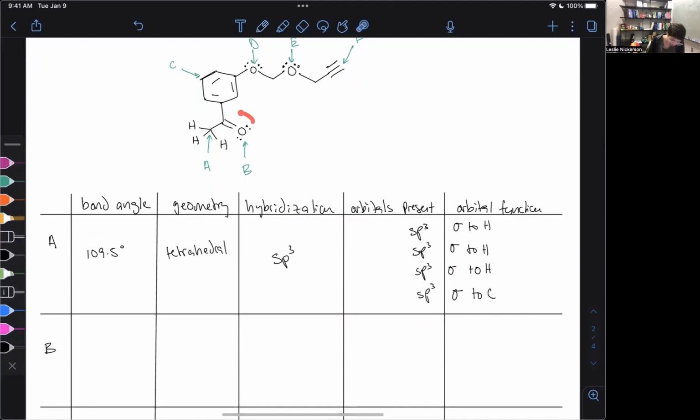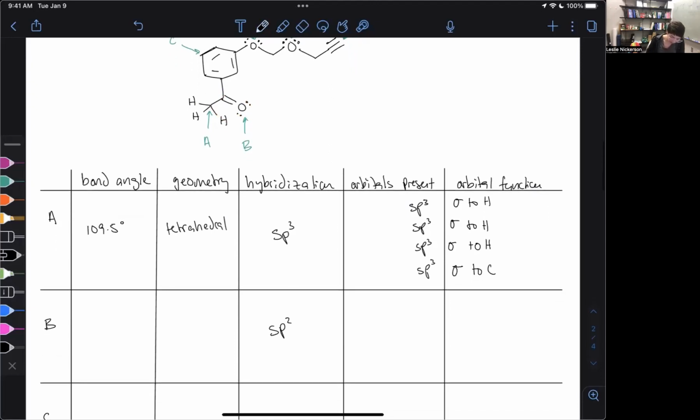So for B, the first thing we want to do is assign hybridization. So we count the things that are around it. So we're counting atoms and lone pairs. So 1, 2, 3. So this is going to be an sp2 oxygen. That means that my geometry is going to be trigonal planar.